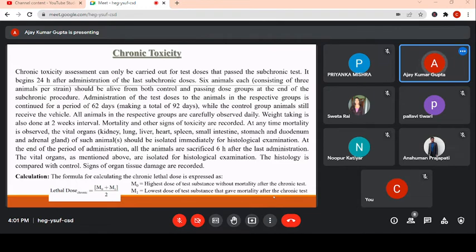The LD chronic is equal to M0 plus M1 divided by 2, highest dose, lowest dose. M0 is the highest dose of the test substance without mortality after the chronic test, and M1 is the lowest dose of the test substance that gets mortality after the chronic test. So in this way, we calculate the lethal dose chronic.